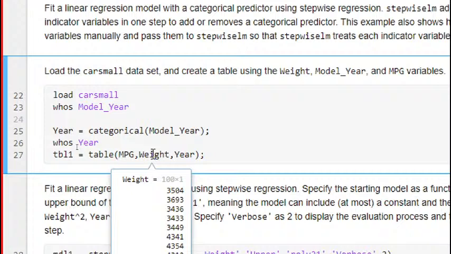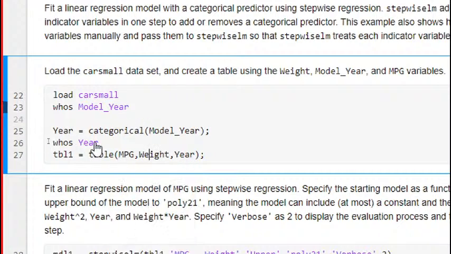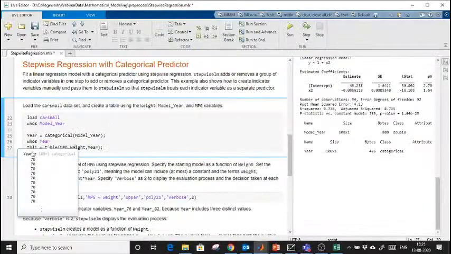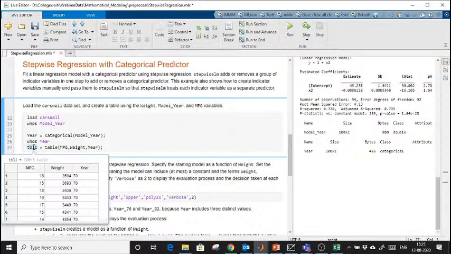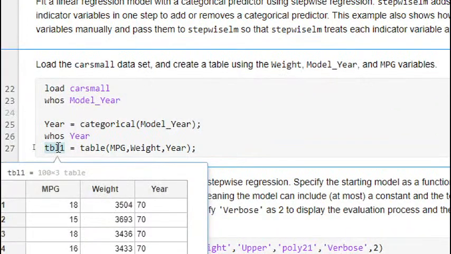Weight is a predictor and year is also a predictor. When I run again, what will I get? I will get a table as tbl1. So see here, if I move my cursor, it is showing you as a table, right? First column is output, and the remaining both are predictors in the table.